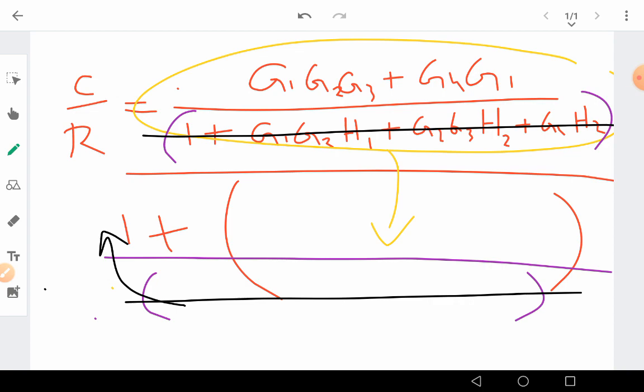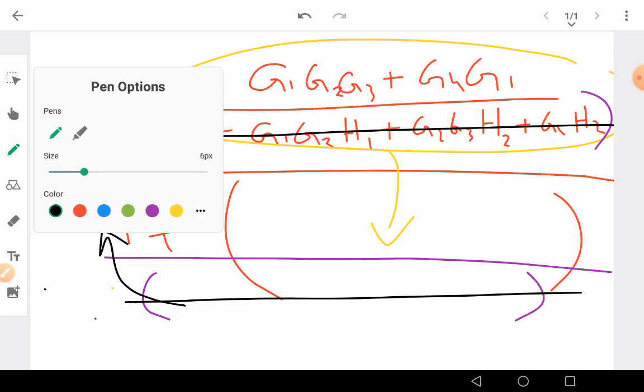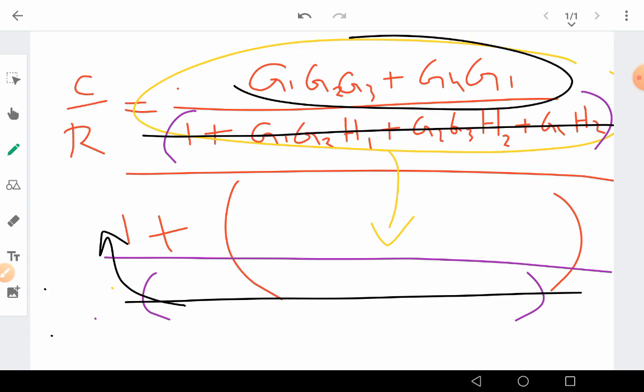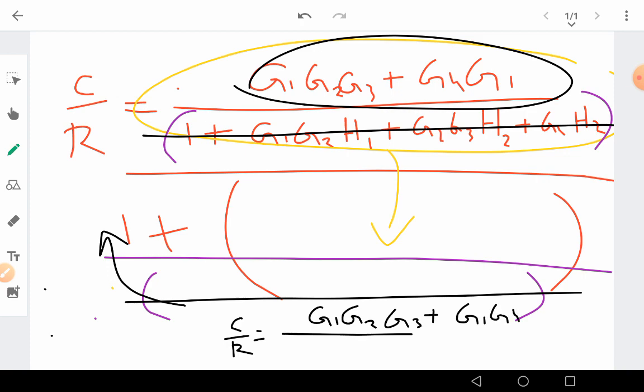So we have the net transfer function. The net transfer function, the numerator will remain the same, that is C by R equal to G1 G2 G3 plus G1 G4, that will remain the same, divided by, now you have a bigger, lengthy expression, because this is also coming here.